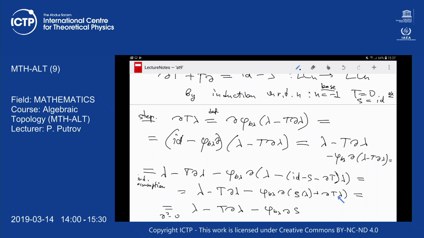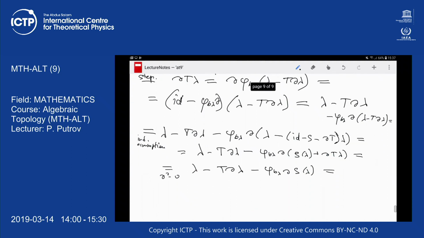So since d squared is 0, this will be 0. And then here I can see the recursive definition of S. The definition of S is just the same as S of lambda. So this is what we wanted to show.